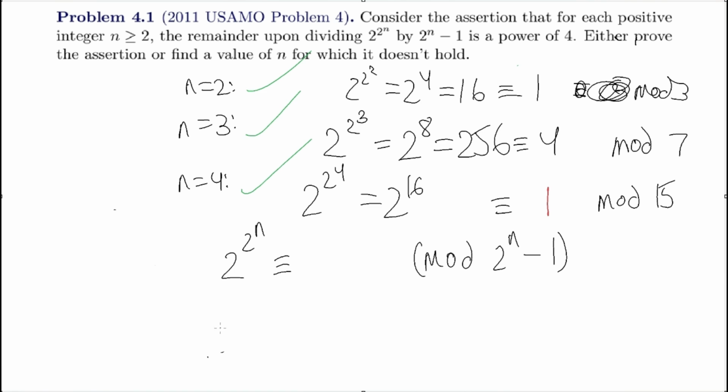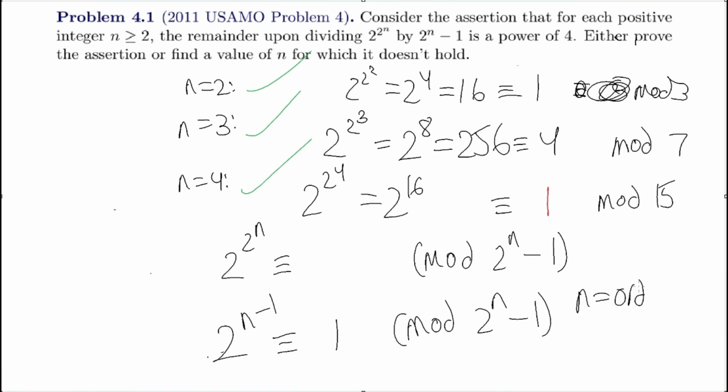Then we note that by orders, we have 2 to the n is equivalent to 1 mod 2 to the n minus 1. And we also have that 2 to the n minus 1 is less than this value here. So therefore, n is equal to the order modulo 2 to the n minus 1 of 2.